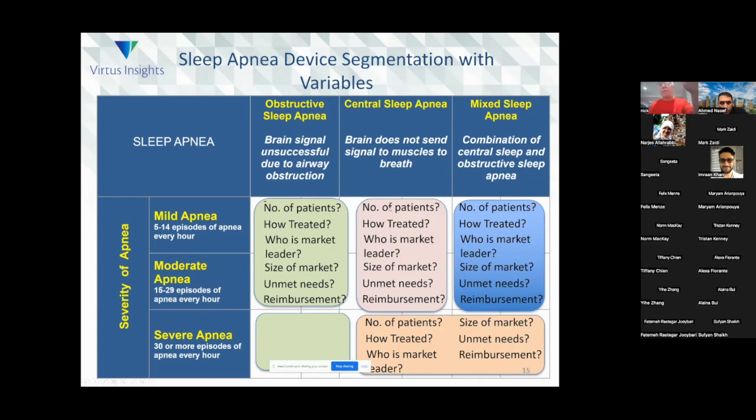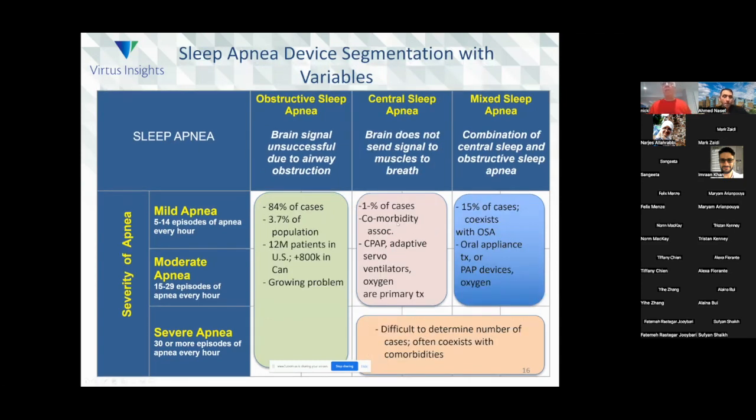And these are the types of questions that you can answer in each of these segments, just like you did, but you can even do more when you have more time. So I think this was my final slide. My slide was 84% of the cases are obstructive sleep apnea. 1% is central, and about 15% of the cases is mixed.